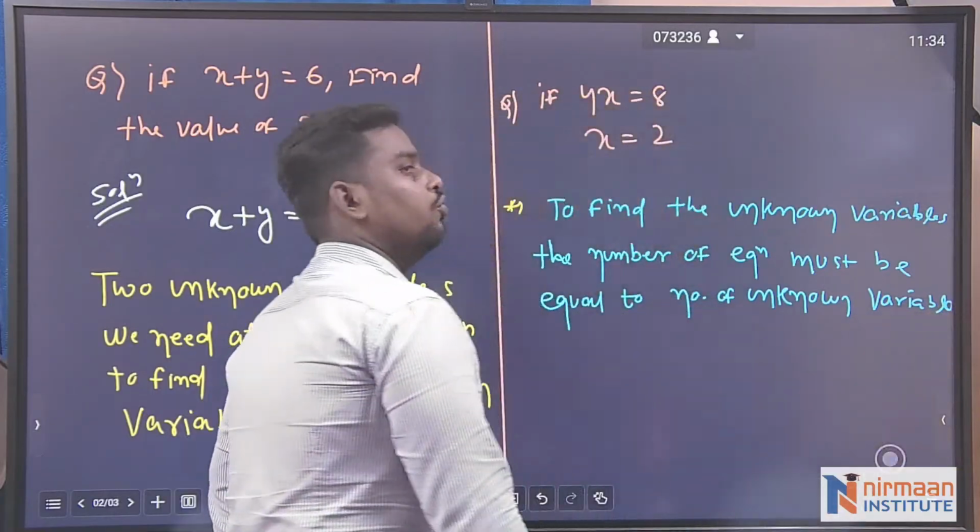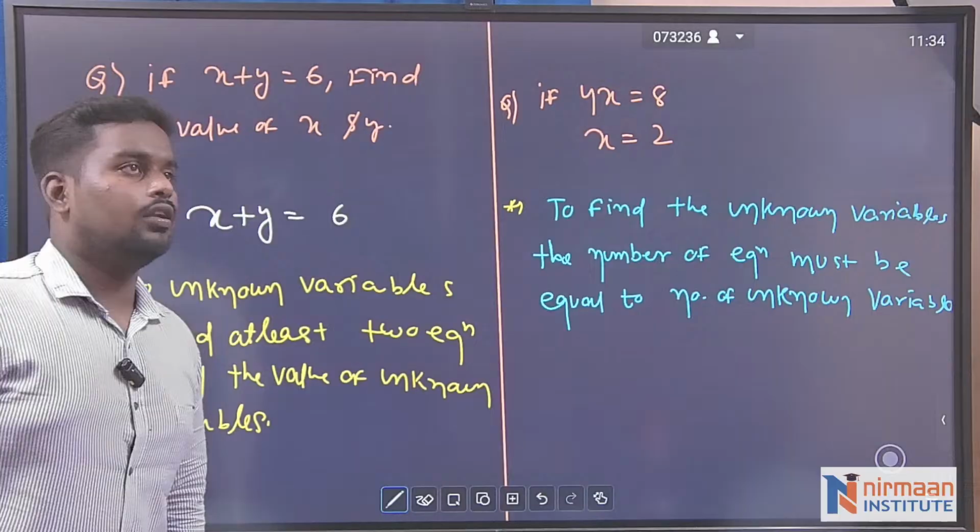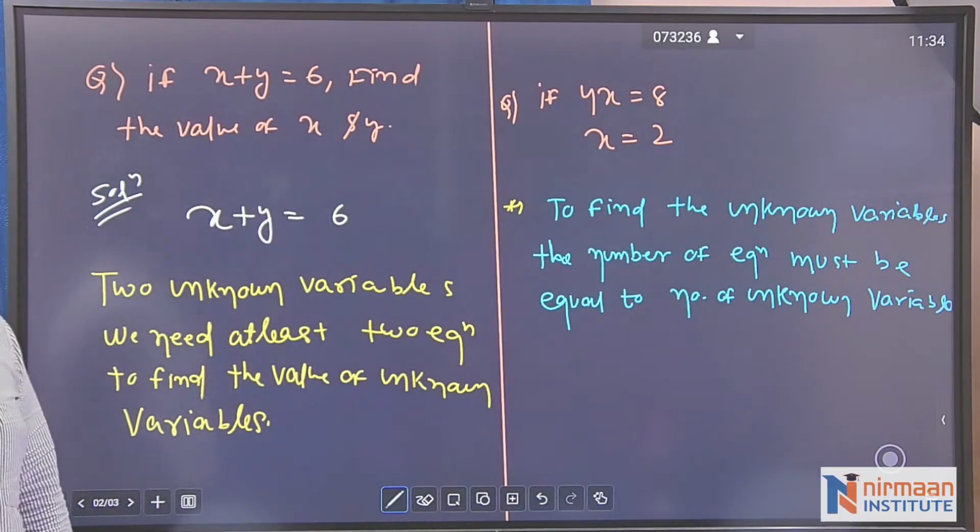Okay, to find the unknown variables, the number of equations must be equal to the number of unknown variables.